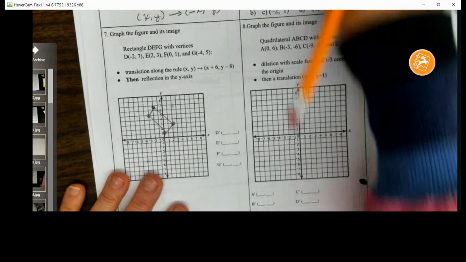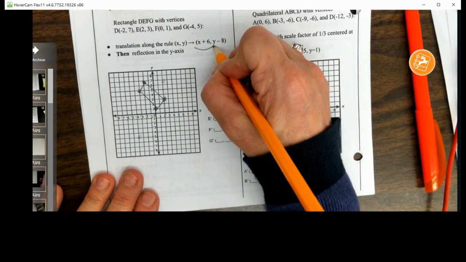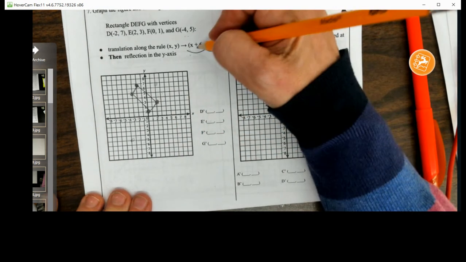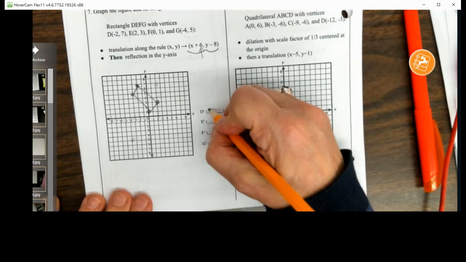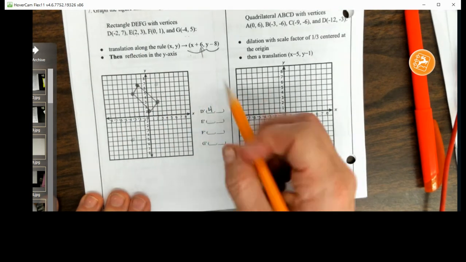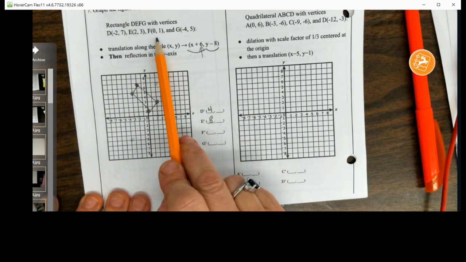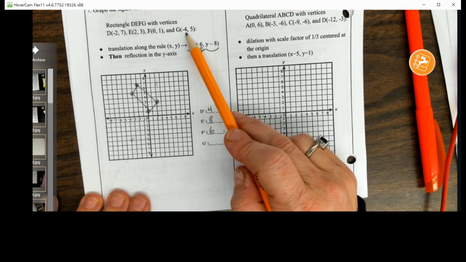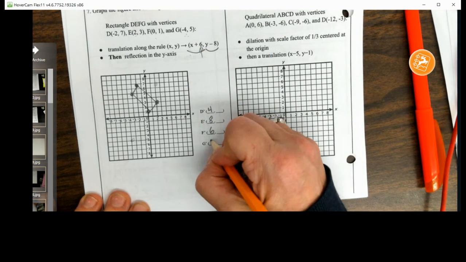We want to translate it according to the rule (x + 6, y - 8). So I'm going to take all of my x's and add 6: negative 2 plus 6 gives 4, 2 plus 6 gives 8, 0 plus 6 gives 6, and negative 4 plus 6 is 2.